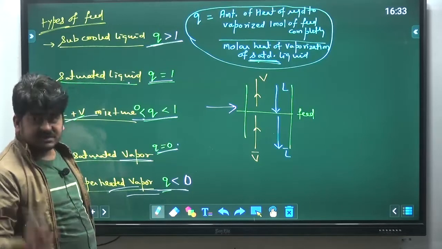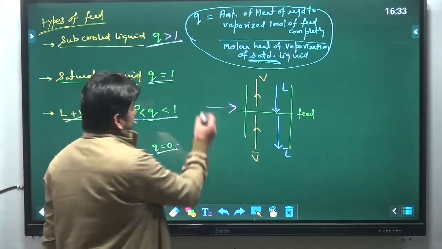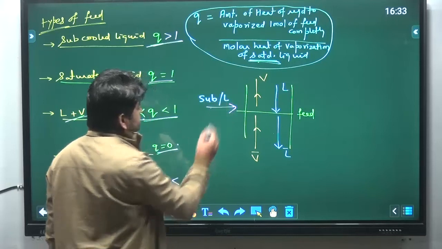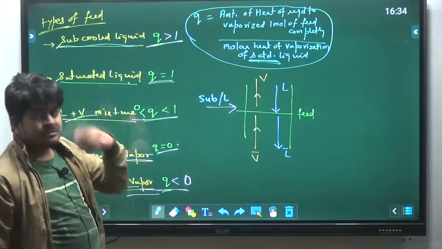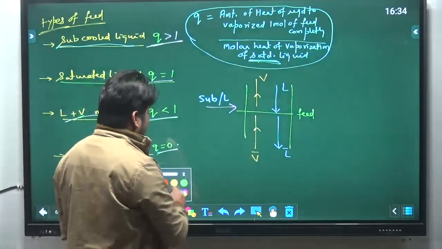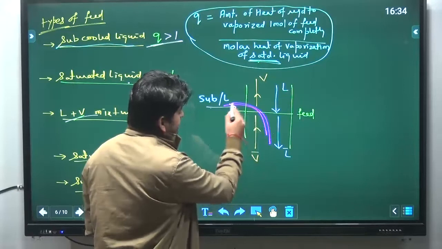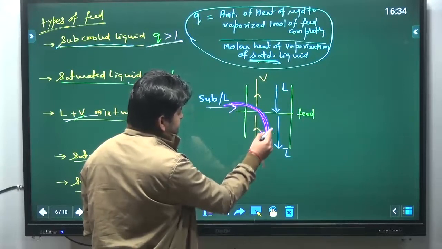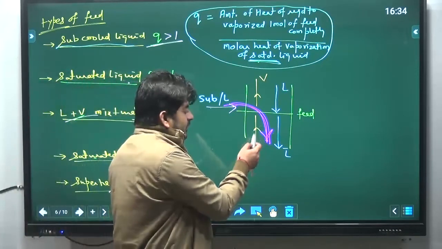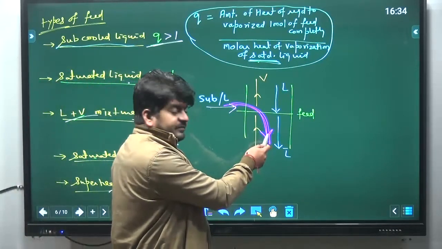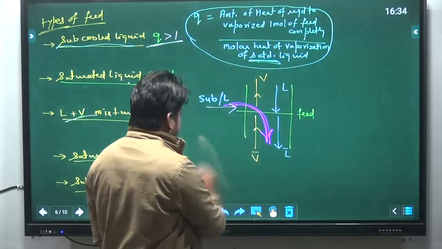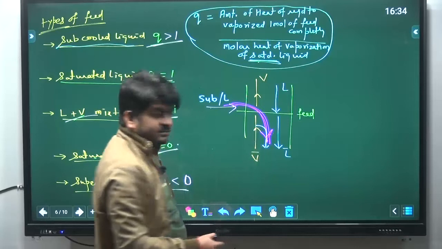Now, just try to understand, if this feed is subcooled liquid, what will happen? This feed will go as it is into the stripping section. But since it is subcooled, whatever vapors come in contact with this feed, some part of those vapors will also get condensed.